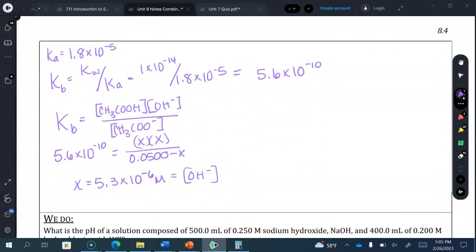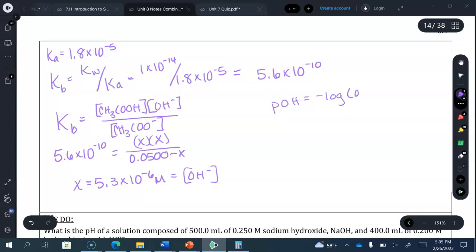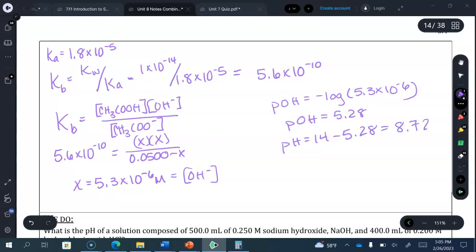So the question asks us for pH, but we can find pOH first. And that's equal to the negative log of the hydroxide ion concentration, which is 5.3 times 10 to the negative 6. So then our pOH is equal to 5.28. pH we know you can get by subtracting the pOH from 14, and you get 8.72 as your final answer.